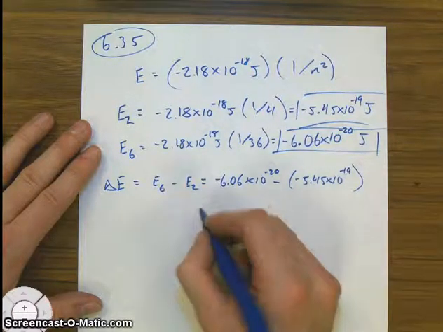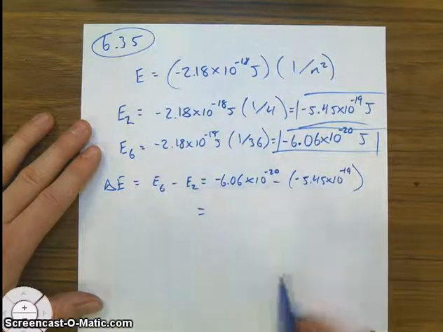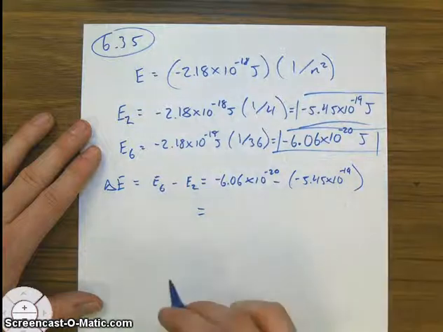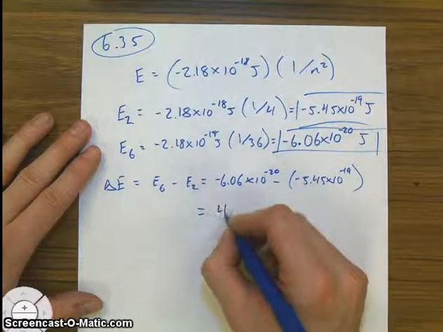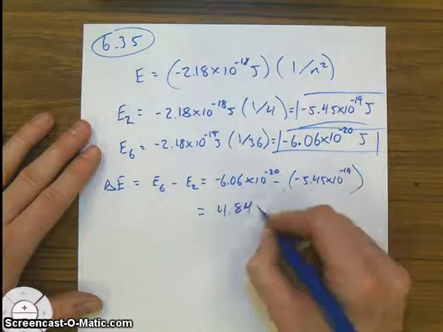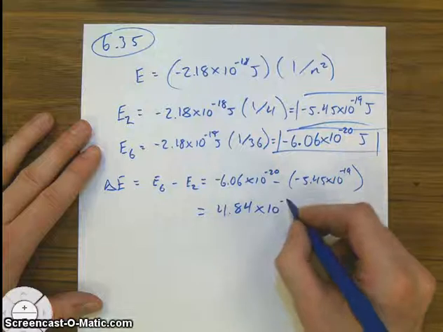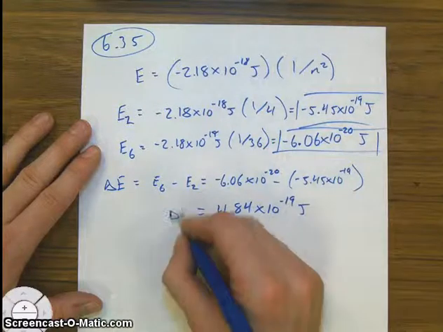Don't forget your answer is going to end up in joules. I should have written joules there. In any case, I get my answer, which is 4.84 times 10 to the negative 19th joules. That's my change in energy.